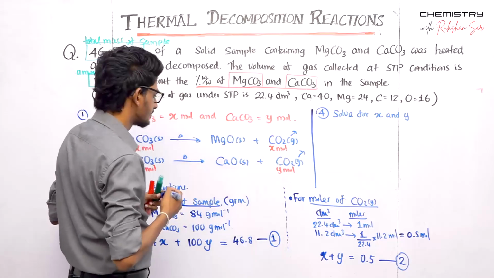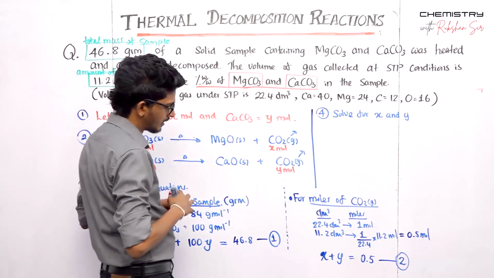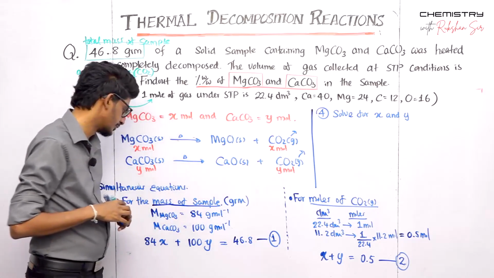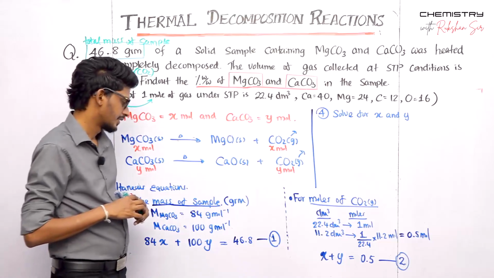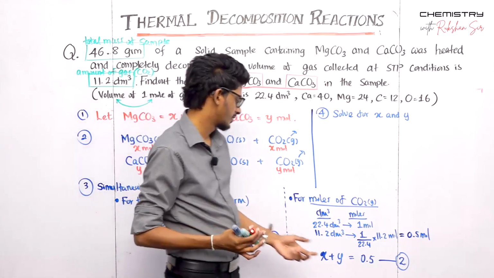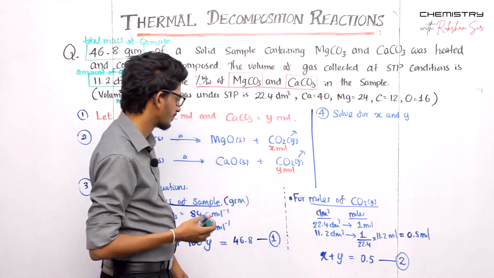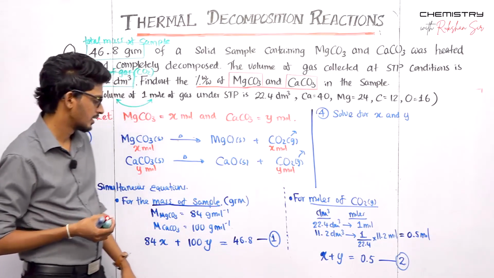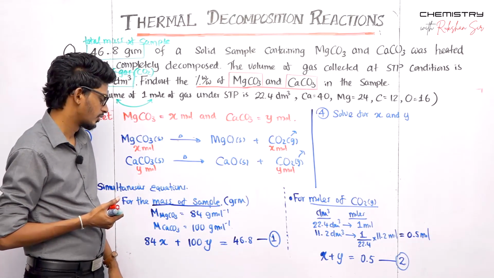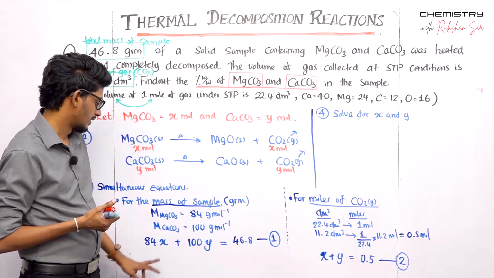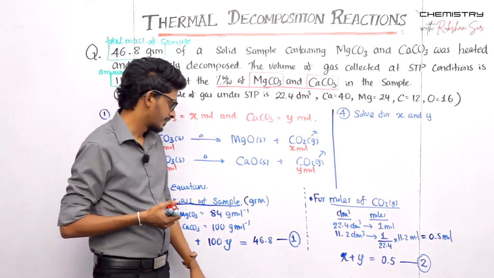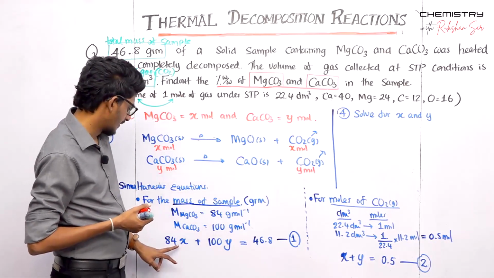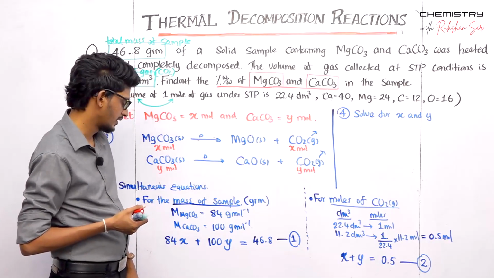So what can we do? Basically, there are two methods: equalizing the coefficients, or the substitution method. I'm going with the equalizing coefficients method. So you have 84x plus 100y.